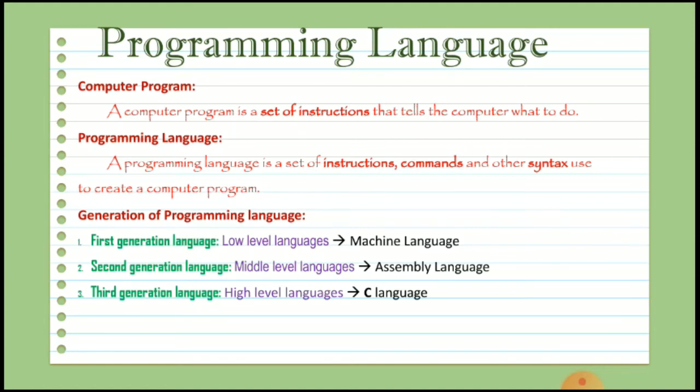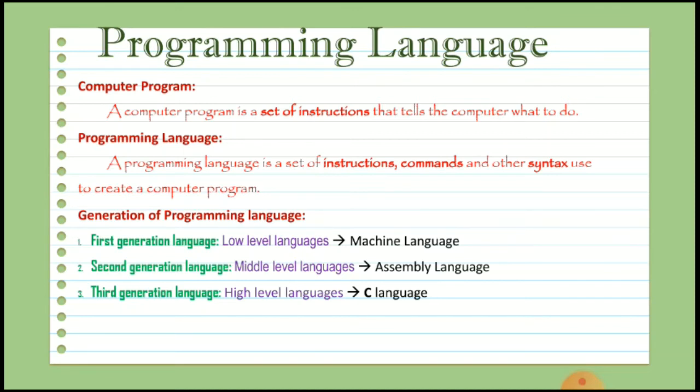Third type, third generation language. These are high level languages such as C language. This third generation language is a little bit easier than first and second generation language.